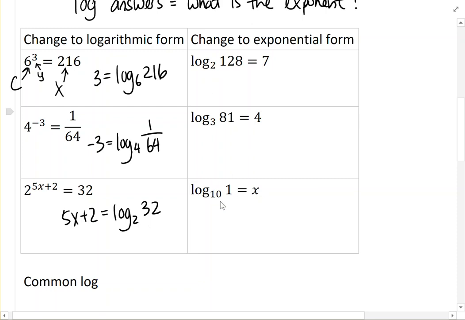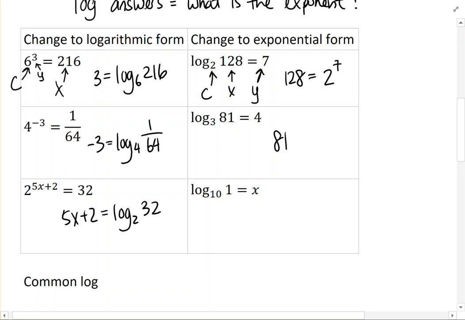Now on our right hand side, we're going to change from the logarithmic form back to the exponential form. In this case, this little number here is c, this here is our x, and this number is our y. So x, the number, equals c to the y.